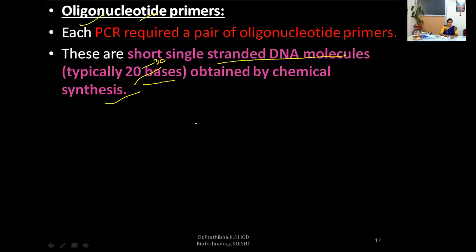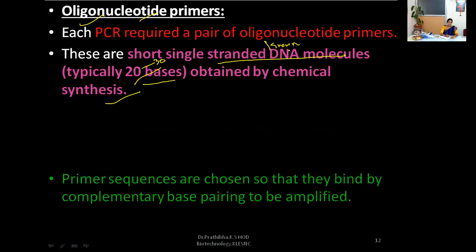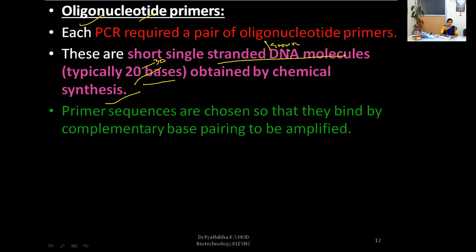In the in vitro condition, these primers are synthesized. You can also mention these are short single-stranded DNA molecules. You can also go for random oligonucleotides here. We will know what kind of primers we have prepared.